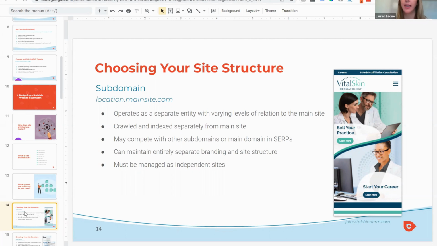In this case, I know you've got Vital Skin here as an example. They've got multiple brands, but all tied to the Vital Skin parent brand. And for some MSOs, the MSO is truly just the B2B acquisition and hiring entity, and the patient-facing brand is something different or multiple different entities, in which case this would not make sense.